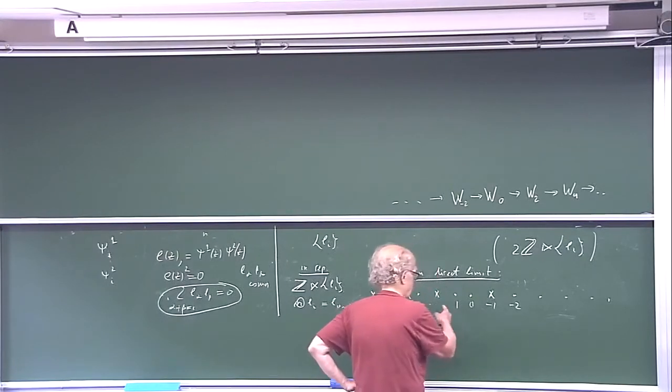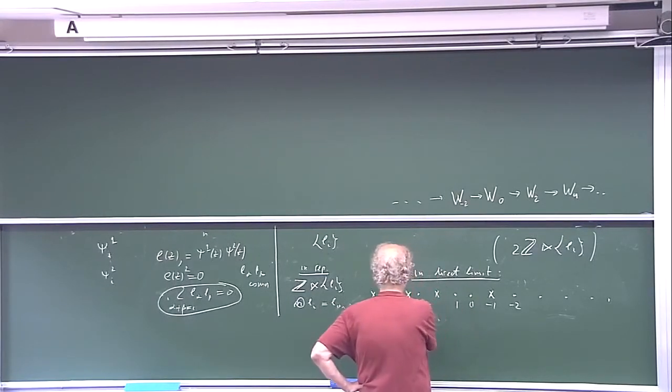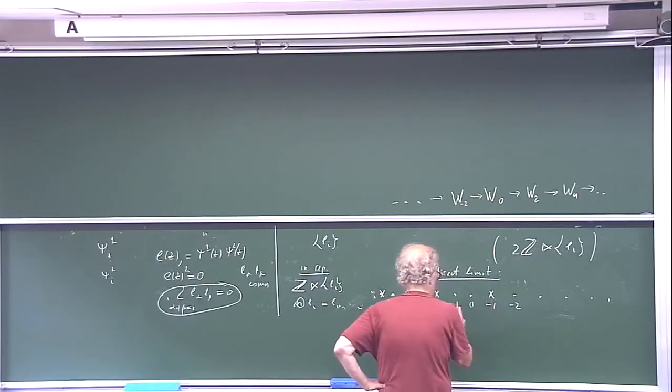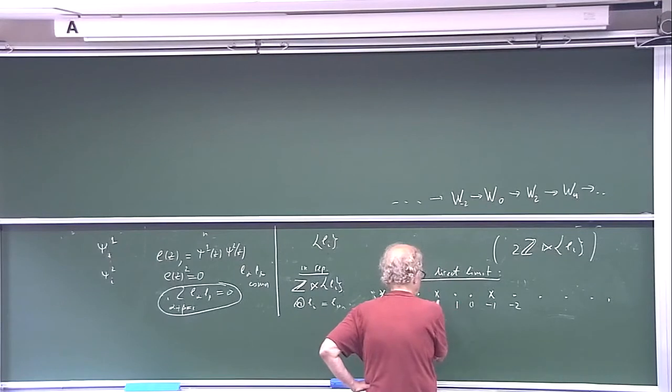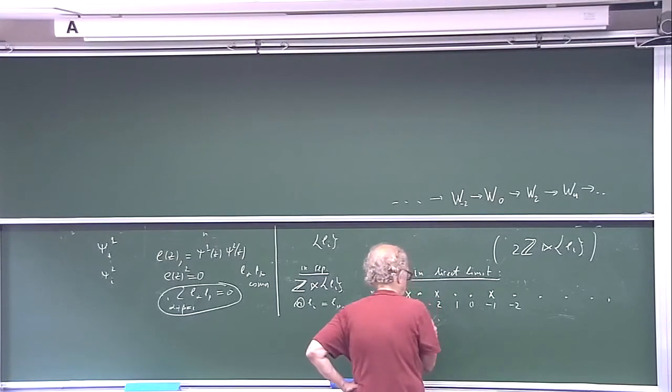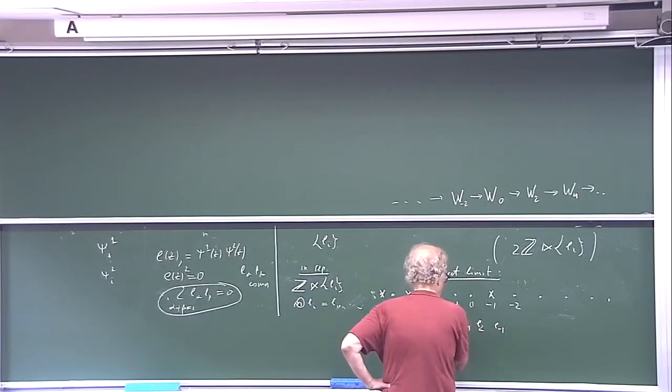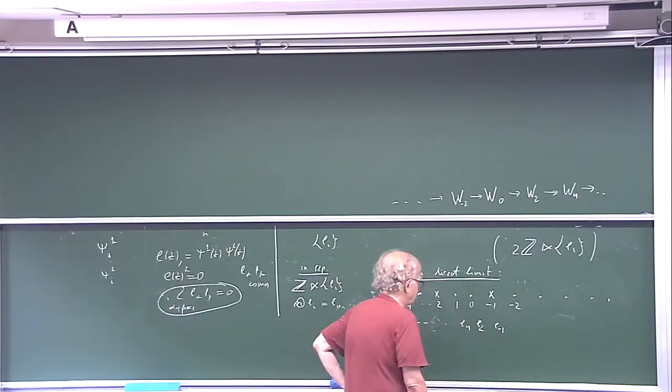For example, in this case my tail is even, so it is 2, 4, and so on. I can write E-1, then E2, E4, and so on, till infinity.